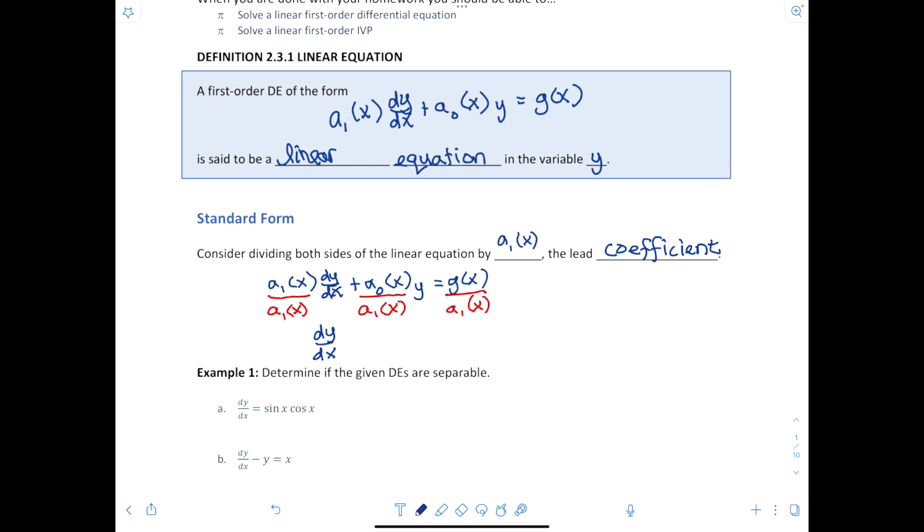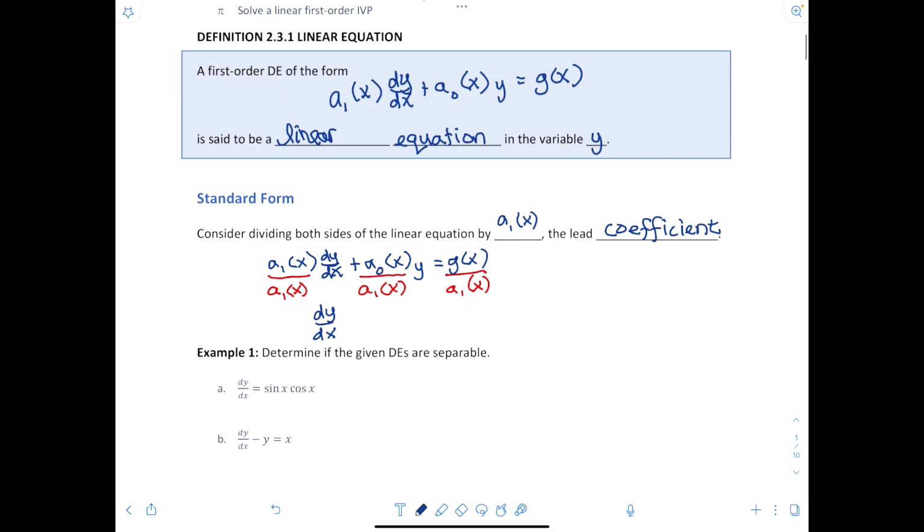Now we get two functions in terms of x as a fraction, or as a ratio. So we rename this as capital P of x, and that's times y.